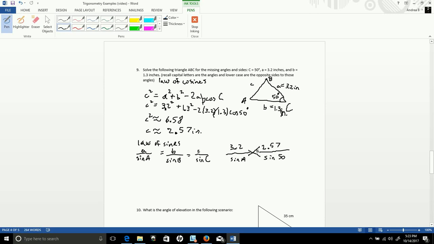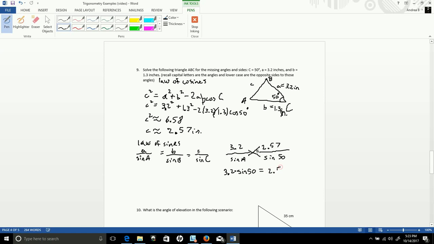But you're still going to enter into your calculator the 3.2 times sine of 50 degrees. Once again, make sure that you're writing out all the digits for your work here. So you're really doing 3.2 times sine of 50. Just going to keep writing that out for now until we get to the last step to keep it exact.